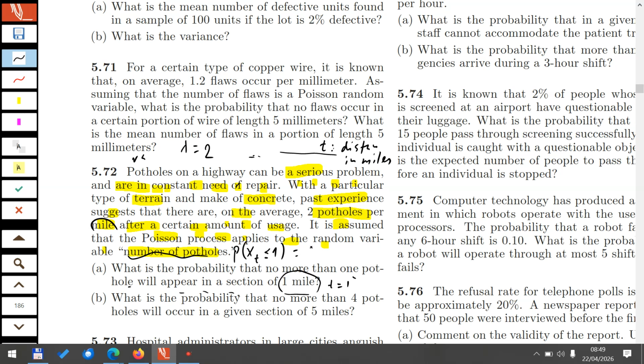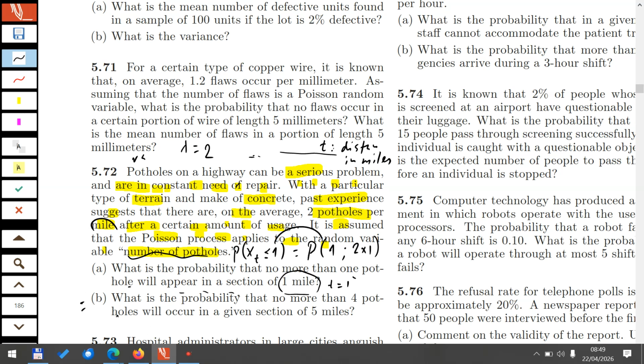So it's simply the CDF. Now I'm using the CDF notation, 1 semicolon, lambda is 2 and t is 1, so it's 2 times 1. This one will appear there, and then you're done.